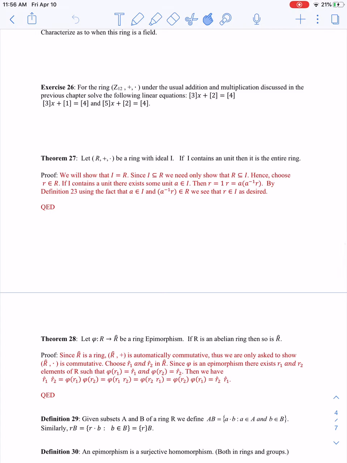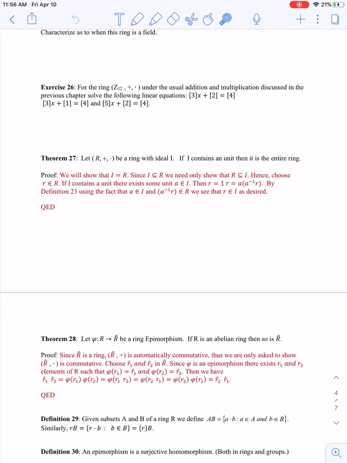Okay, let's try to get one more theorem out. Theorem 28 says what? If I have a ring epimorphism, remember that's a surjective ring homomorphism, and if R is an abelian ring, then R hat is an abelian ring.